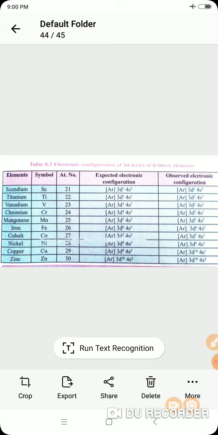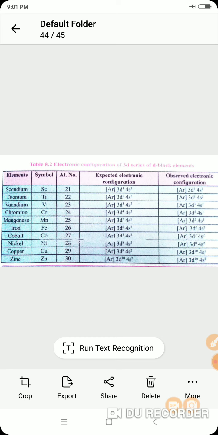So scandium has symbol Sc, atomic number 21, and observed electronic configuration [Ar]. In square brackets, Ar represents the electronic configuration of argon, which has a complete octet and atomic number 18. Scandium has 3d1, 4s2, then titanium 3d2, 4s2, then vanadium 3d3, 4s2. After vanadium comes chromium, with valence shell electronic configuration 3d5, 4s1.